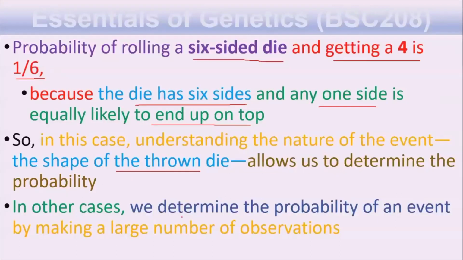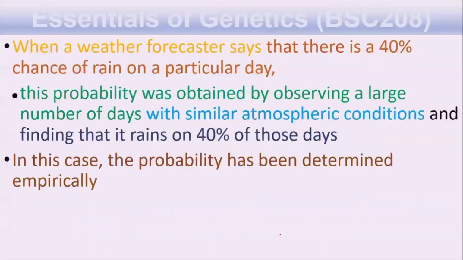In other cases, we determine the probability of an event by making a large number of observations. For example, when a weather forecast is made, the forecaster says, let us say, that there is a 40% chance of rain on a particular day. This probability is obtained by observing a large number of days from previous data.